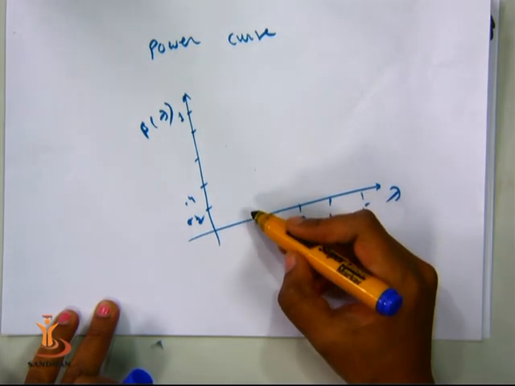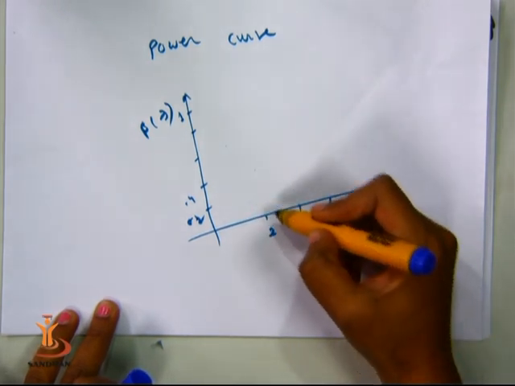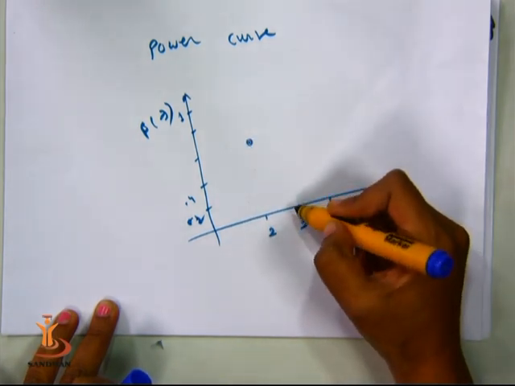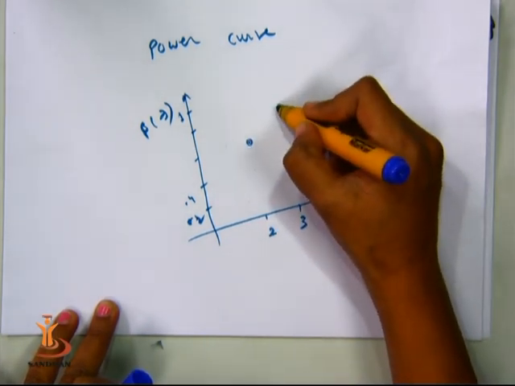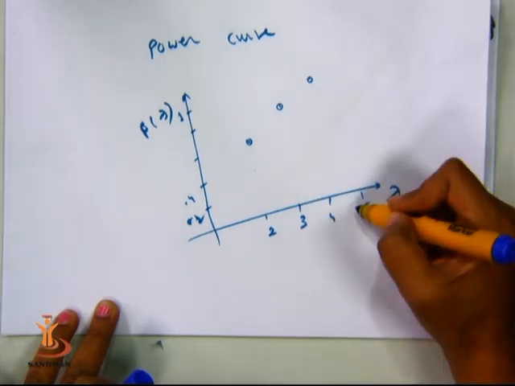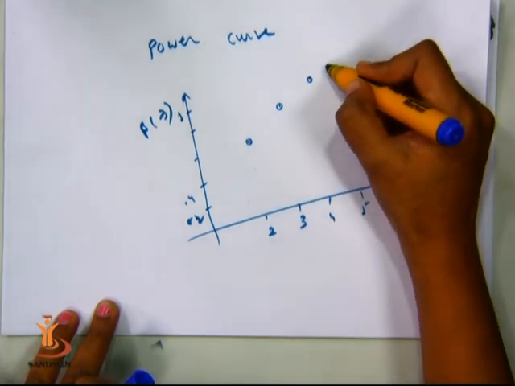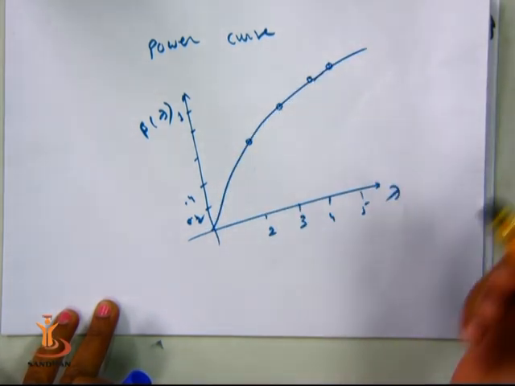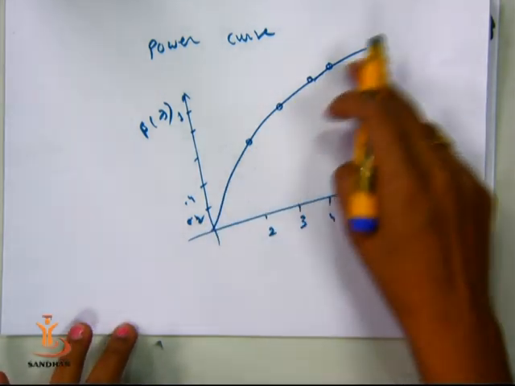So you can see corresponding to lambda equal to 2, your power is 0.59, that is around 0.6, versus 3 your power is 0.8, versus 4 the power is near to 0.9, and for 5 the power is 0.95, like that. So you can see the behavior of the power function, it behaves increasingly.